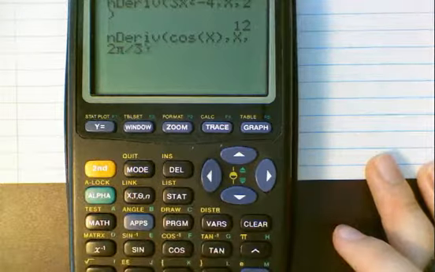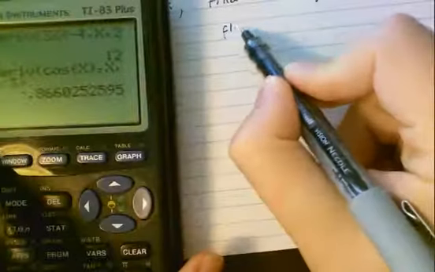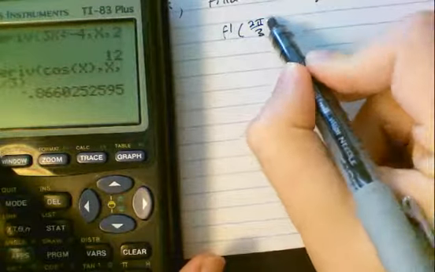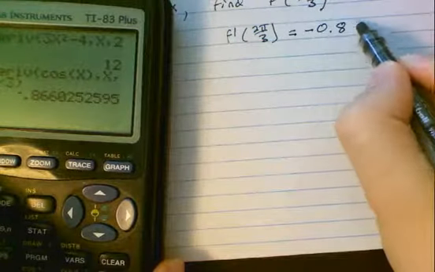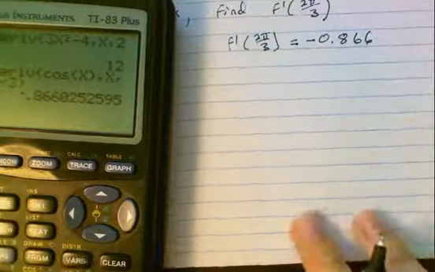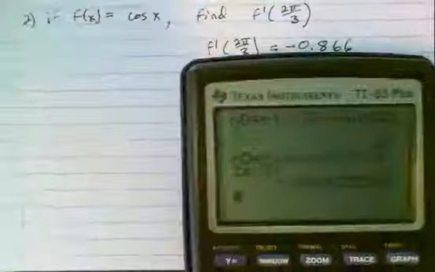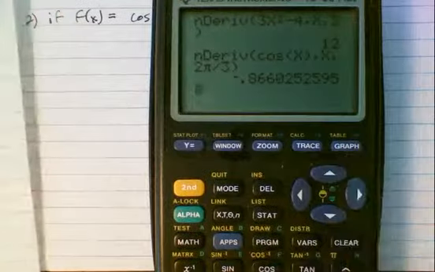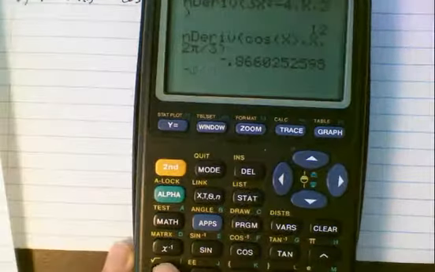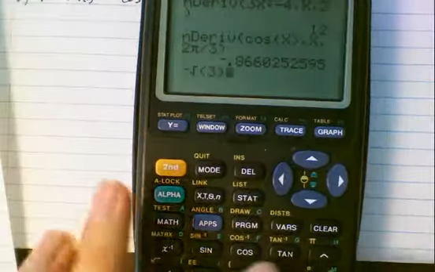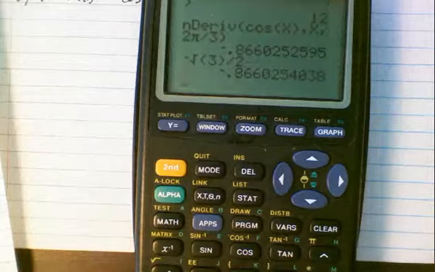Close up parentheses. And so that gives us negative 0.866. If we want to make sure that our answer back over here is right, we're just going to have to put in negative square root of 3 divided by 2. Look, it gives us the same thing. We're getting the same thing out.